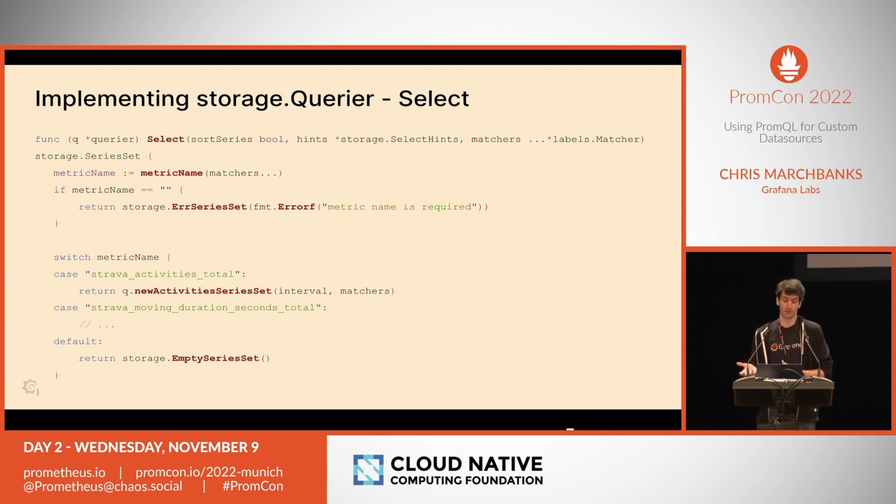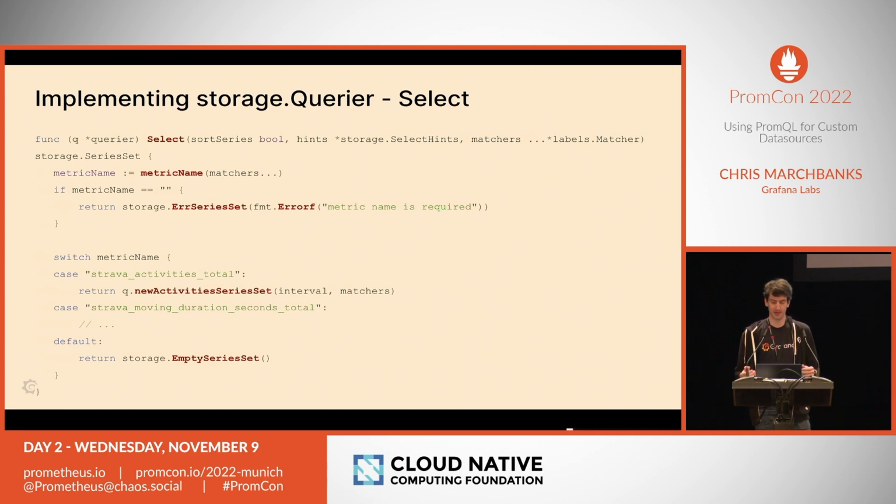So I'll commonly require a metric name, and if one isn't present, you can return an error series set, which will return a 422, I believe unprocessable entity, to the user. It also means you probably shouldn't use an error series set for something like an intermittent 500 that gets returned.